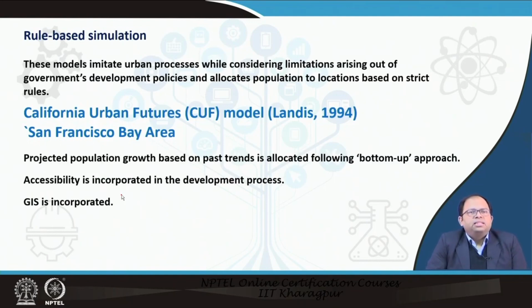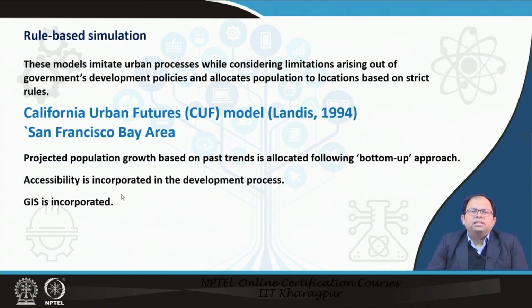Then come the rule based simulation models. These models imitate urban processes while considering limitations arising out of government's development policies, and allocate population to locations based on strict rules. So, what it means is these models imitate the normal urban development process, they follow certain rules, and they also consider the limitations that are there.